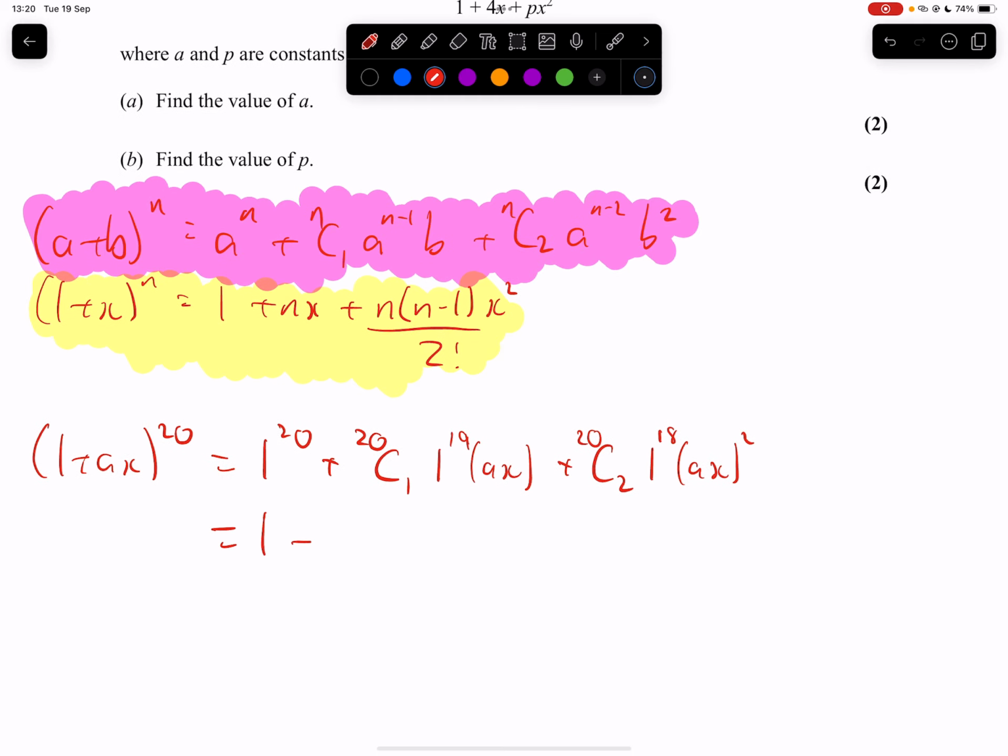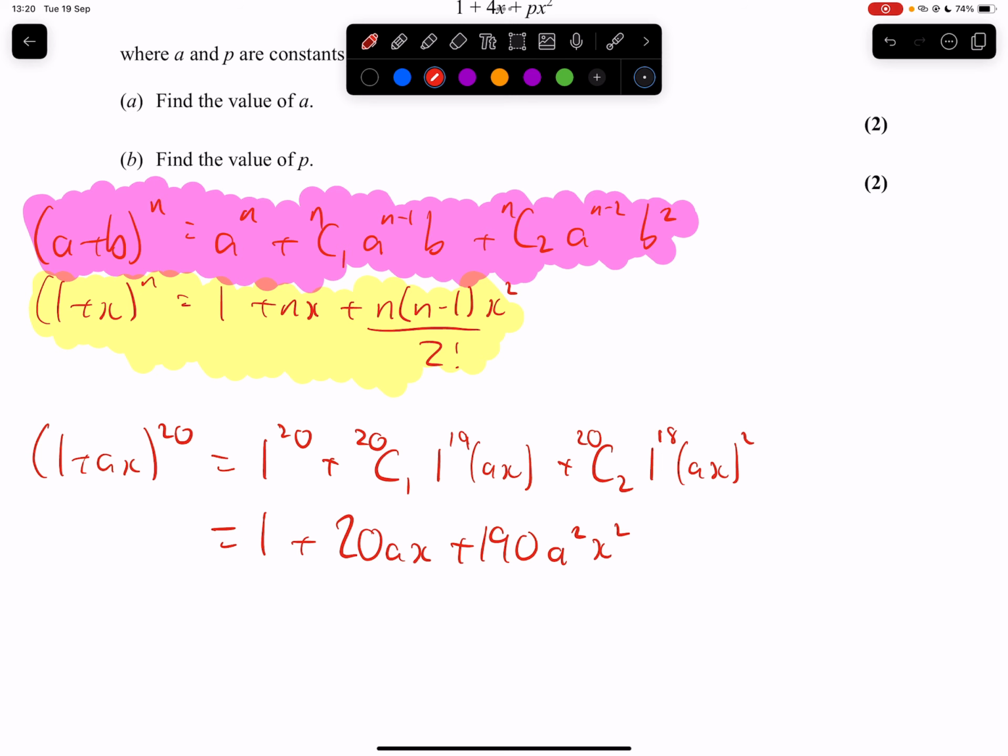So that is 1 plus 20 times 1 times ax, so 20ax, and 20 choose 2 in my calculator gives me 190, so that's 190 times 1 times a squared x squared. You have to make sure that you expand the power to both the a and to the x.